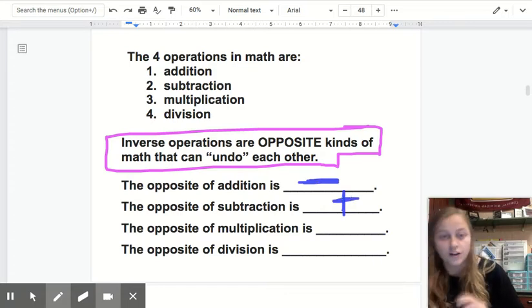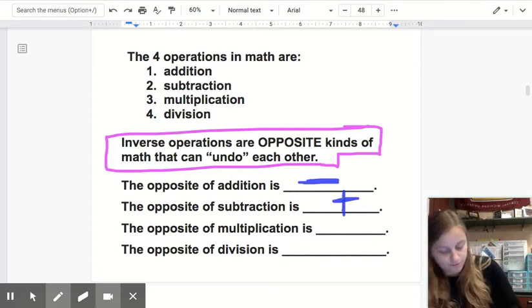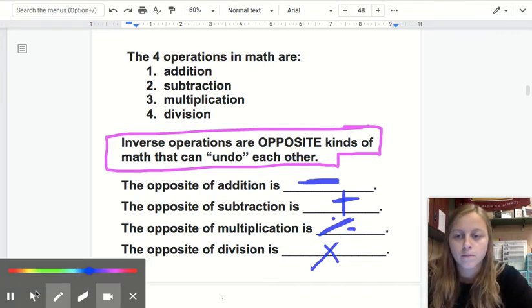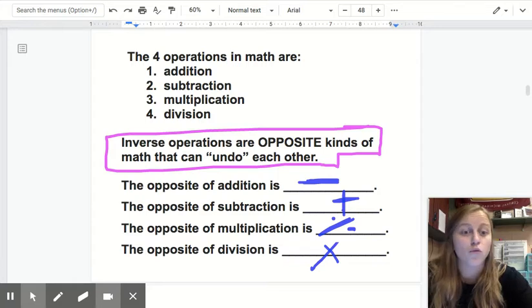They're kind of like buddies. They're opposites of each other. The opposite of multiplication is division. And the opposite of division is multiplication. Knowing the inverses are incredibly important in this chapter.